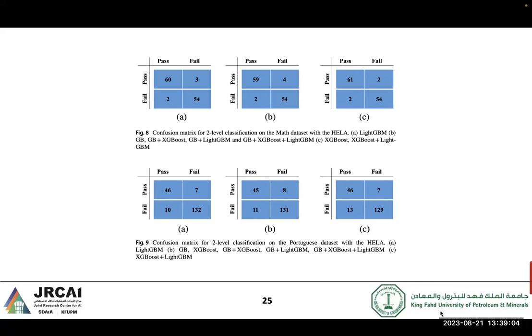Of course, I need to mention here the task of the prediction. They have 2 kinds of data. We have data for the class of math, and data for the class of Portuguese here. So we have 2 different datasets.